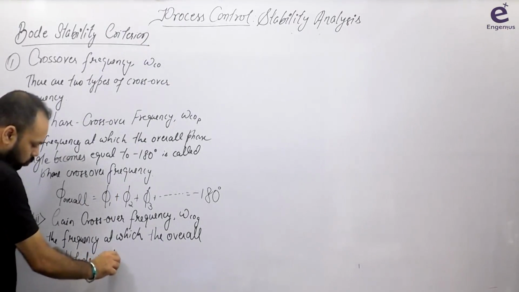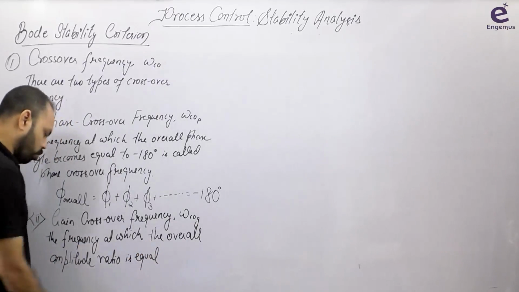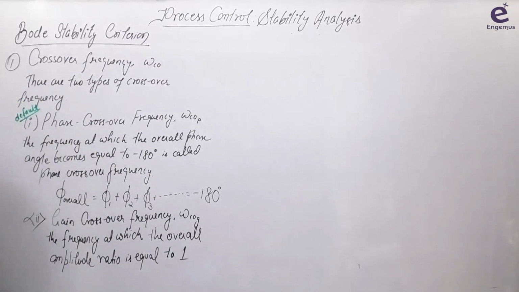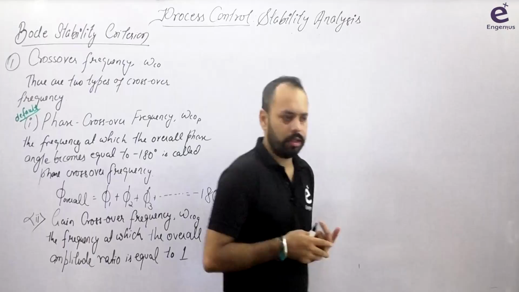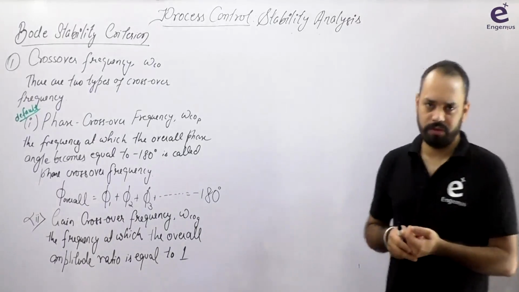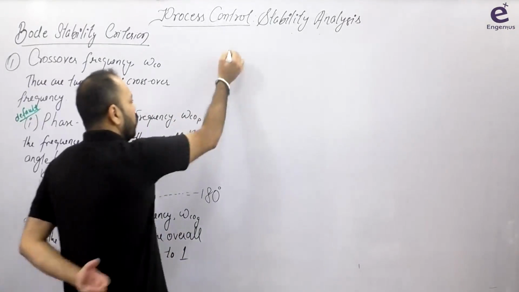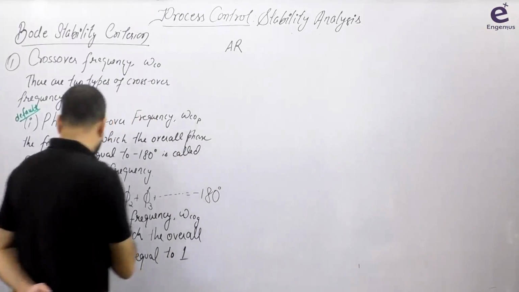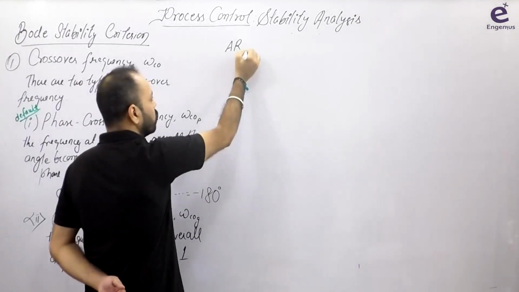So when the overall amplitude ratio becomes equal to 1, then the frequency is called gain crossover frequency. Means I can say, the omega at which AR overall equals 1. For finding phase crossover, we use this equation. For finding gain crossover, I will use this equation.